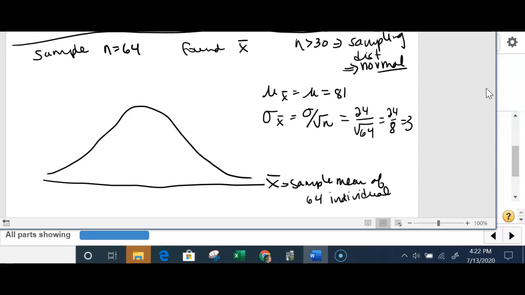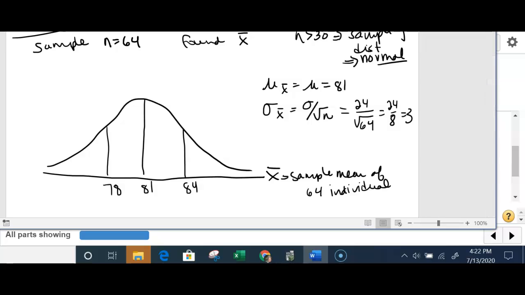So now we have a new distribution that has a mean of 81. The standard deviation of the sample mean is going to be 3. Okay, so you can see this is going to be a much more compressed distribution, because when you average things out, the extreme values become less influential.